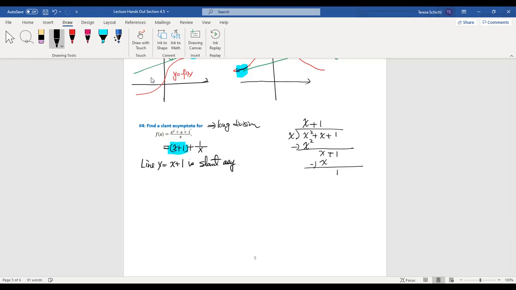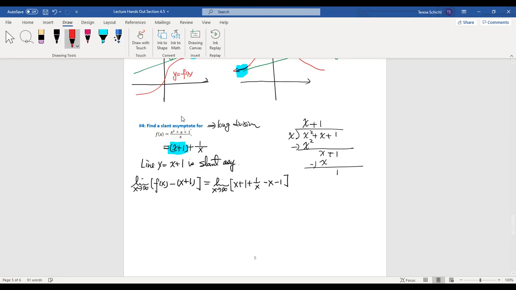You will ask, why? Because if I set the limit as x approaches infinity, I try to use my slant asymptote formula: f of x minus mx plus b, which is minus x plus 1. What is f of x? f of x is x plus 1 plus 1 over x, minus x minus 1.